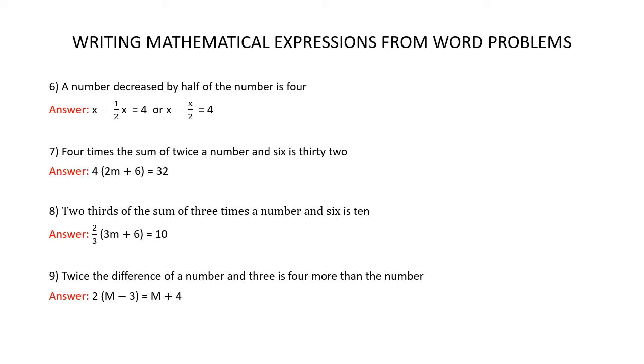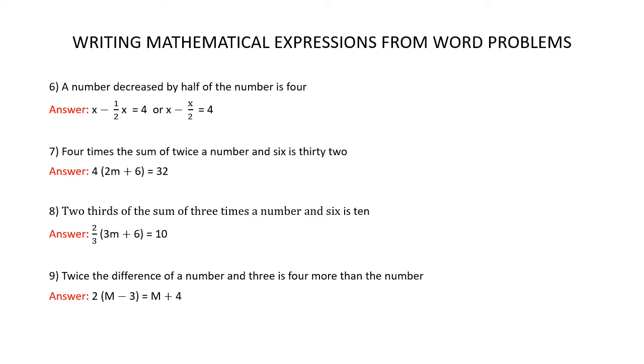Next, 2/3 of the sum of 3 times a number and 6 is 10. Now let the number be m. So 3 times a number is written as 3 multiplied by m, which is 3m. Sum means addition. So sum of 3m and 6 is written as 3m plus 6.